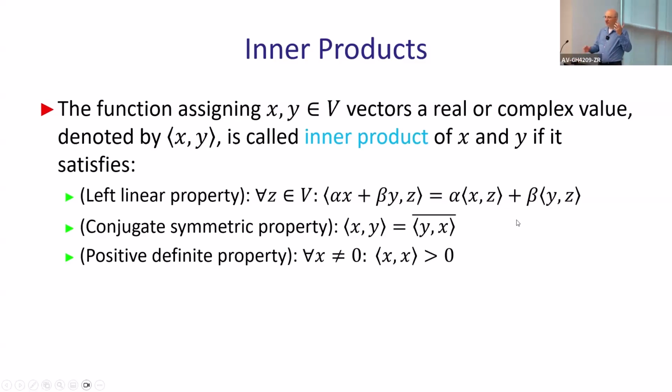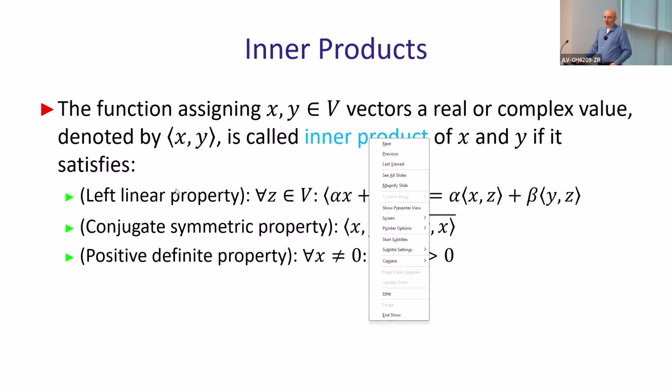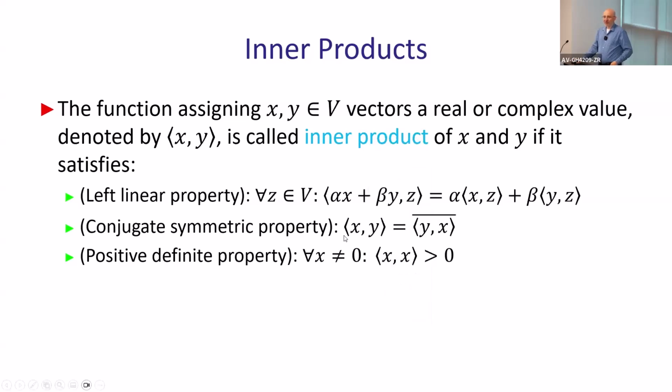This is a scalar times the first dot product plus a scalar times the second dot product, whatever it is. So it's like the linearity property of the dot product in a sense, but this property works also for inner products in general. Conjugate symmetric property. So the second one is if you flip the order.